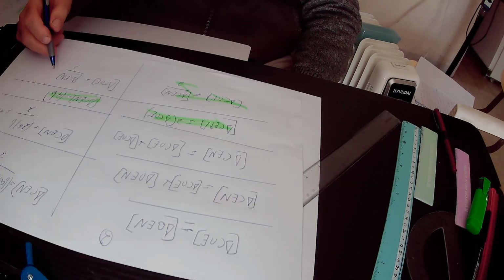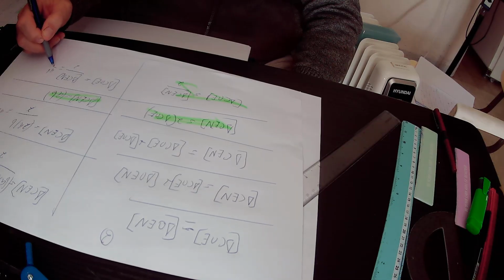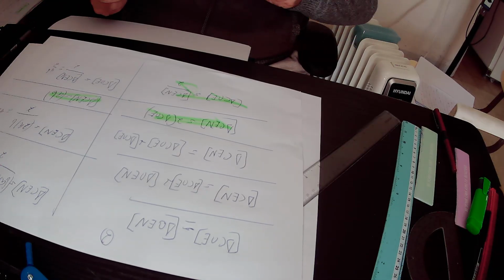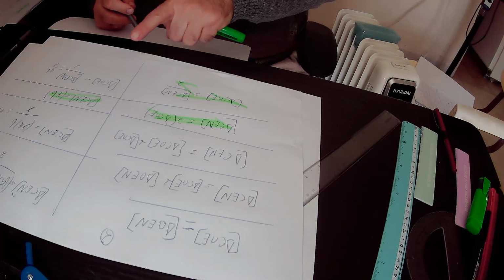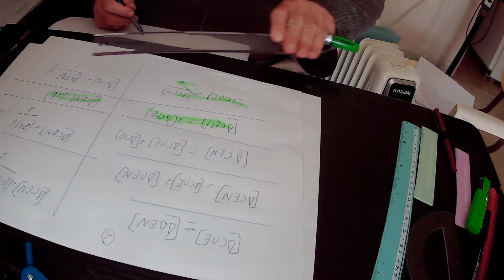But we just found out that the area of the big triangle CEN is AB, so we substitute the area of the big triangle CEN by AB divided by 2. So in total we found out that the area of the green triangle COE equals AB over 2 square units. So write it down.